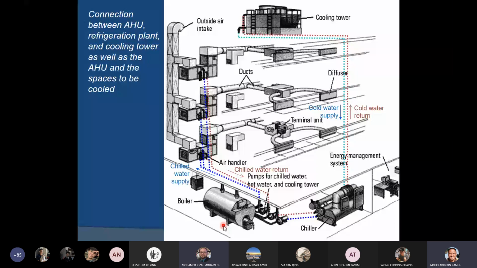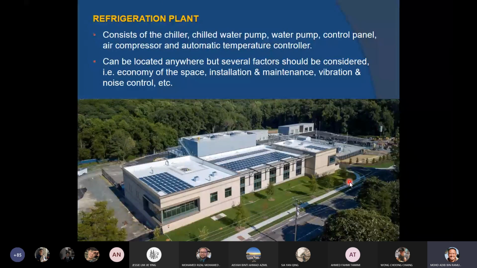Okay, alright. So next, let's look at each of the components one by one. The first one, the main component of the plant system, is the refrigeration plant, right?